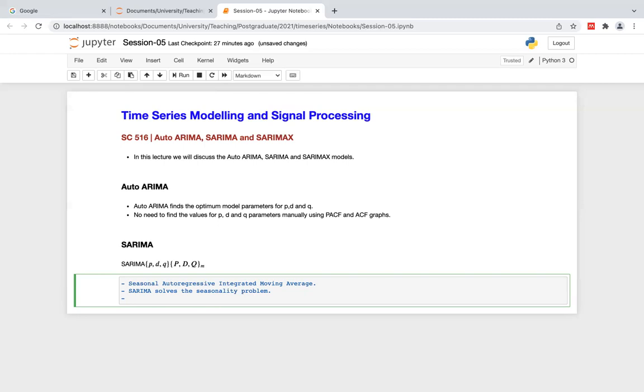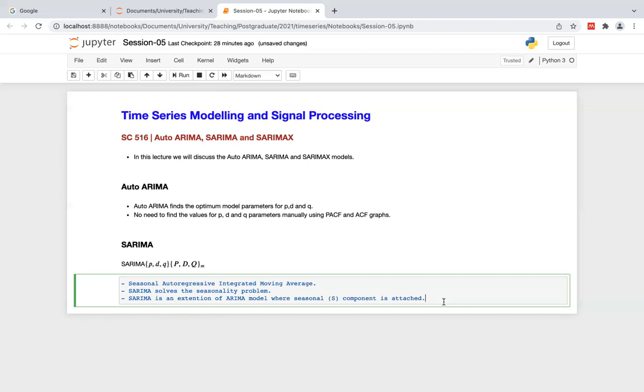Then we can say that seasonal ARIMA or SARIMA is actually an extension of the ARIMA model, where what we are going to add here is the seasonal component, where the seasonal component is attached. The seasonal component is represented by capital S.